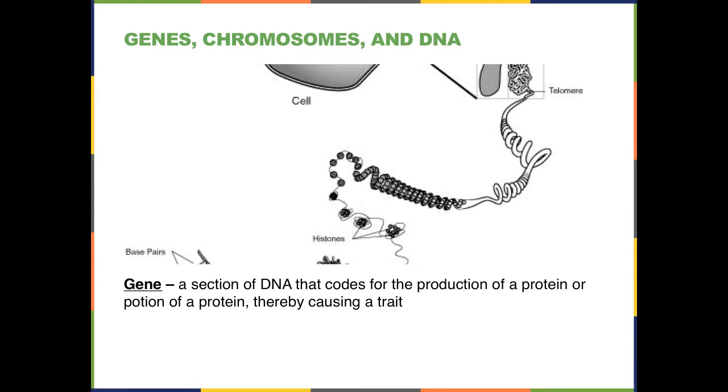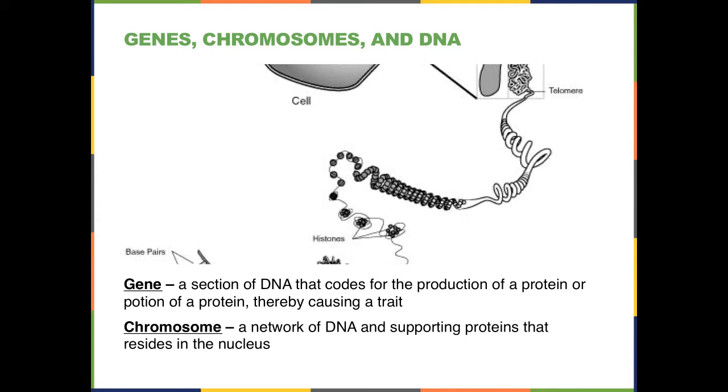This protein may produce a certain pigment that influences our hair color, or a certain pigment that influences our eye color, or a certain process that influences how long our bones grow, things of this nature. And so an individual gene generally controls a protein or part of a protein, and generally controls, in many cases, one particular trait.